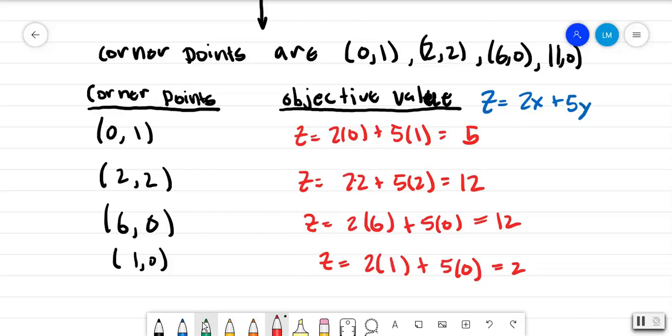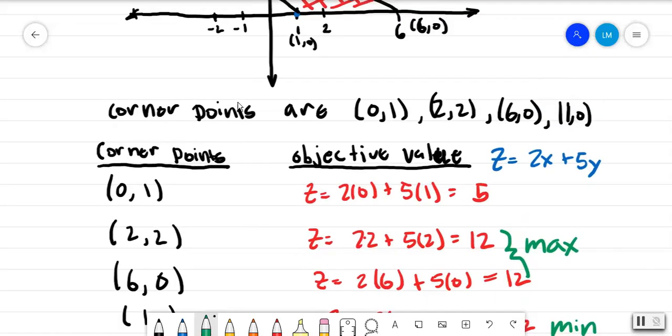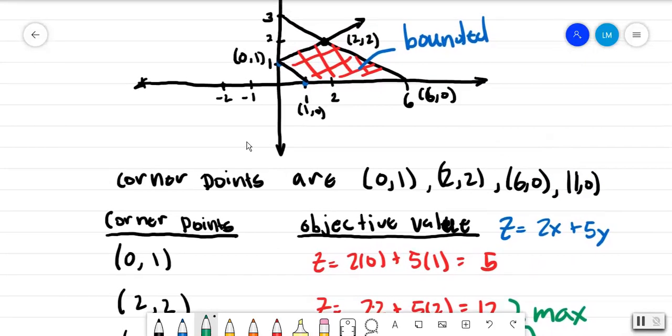Now, as I go through these, I notice that there are two points that give us a maximum value, but only one that gives me a minimum value. It is possible to have two of each, or multiples. Notice that we had a maximum value of 12 at the points (2, 2) and (6, 0).